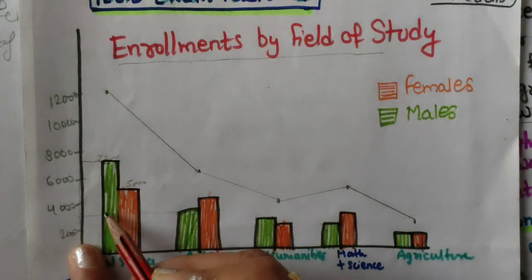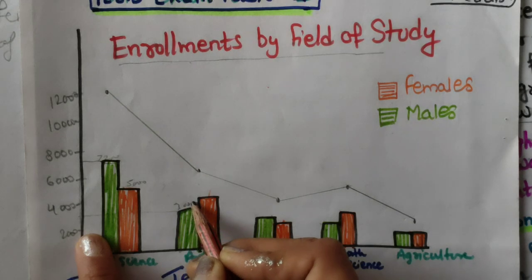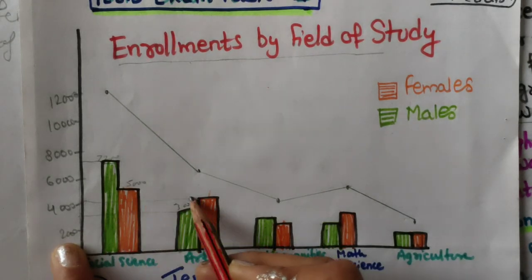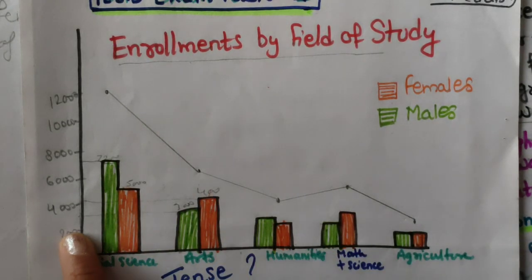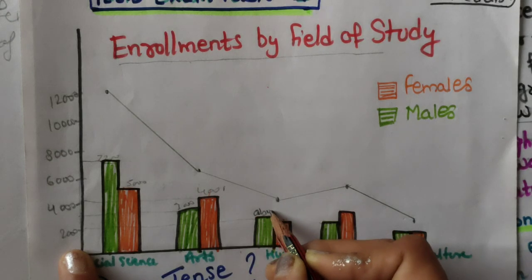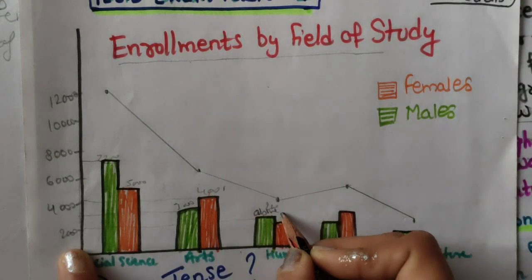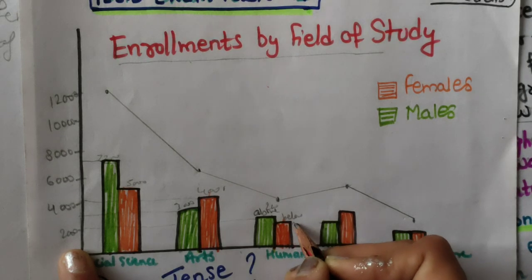It is between 2 and 3. It means this is 3,000 and this is exactly 4,000 you can say. And what is this? This is just above 2,000, and what, just below 2,000.